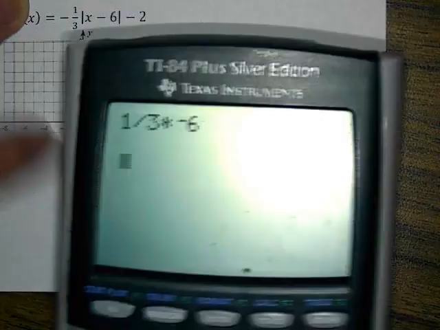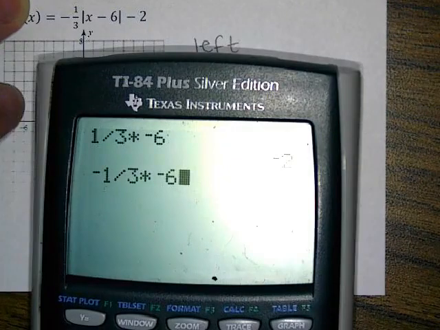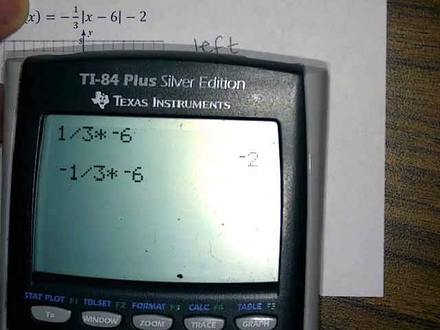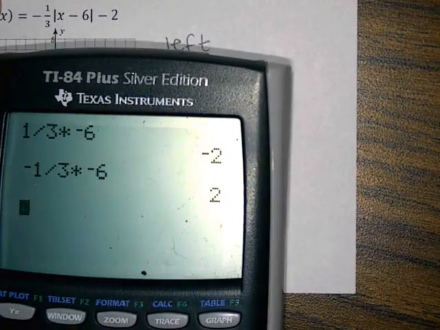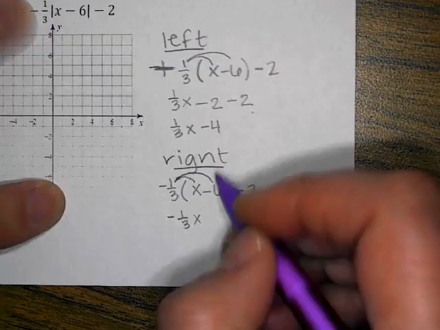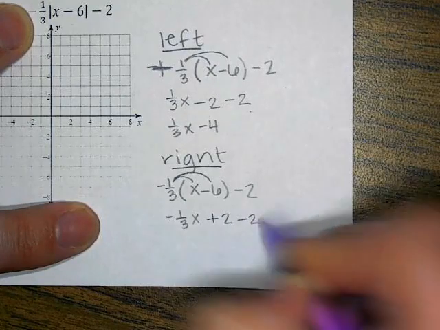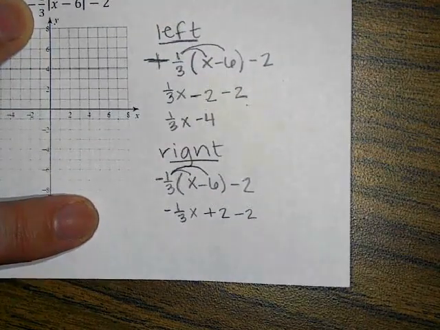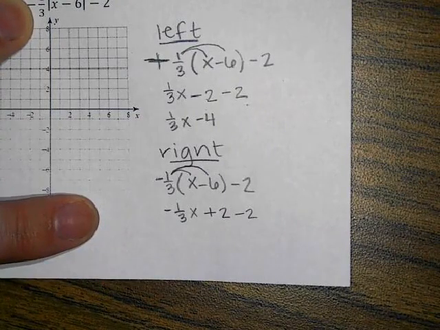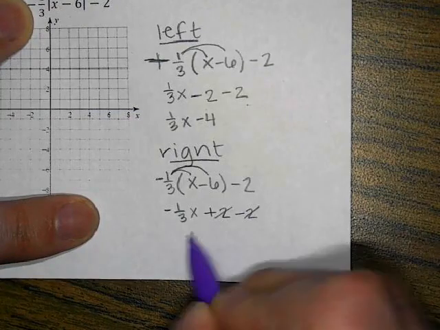You can do it in your head, or you can multiply on the calculator. But you get +2 because we're doing a negative multiplied by a negative. So I get +2, and then I still have the -2 on the end. So what happens with the +2 and the -2? They cancel each other out. So for the right side, we end up with -1/3 x.